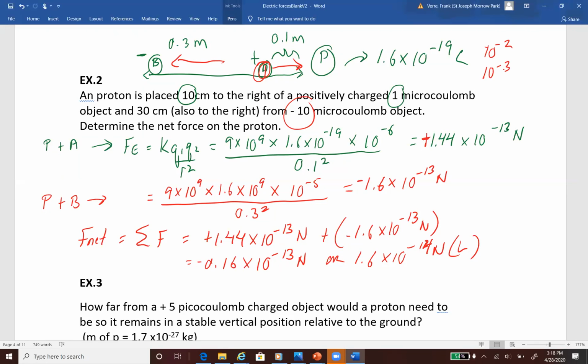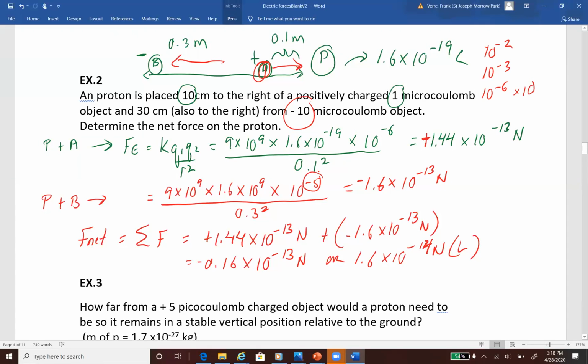This is a 1,000th, right? Micro is 10 to the negative 6. So that's a millionth. So a micrometer would be a millionth of a meter. So that's 10 to the negative 6. So 1 microcoulomb would be 10 to the negative 6. 10 microcoulombs would be 10 to the negative 6 times 10, which would give you 10 to the negative 5.